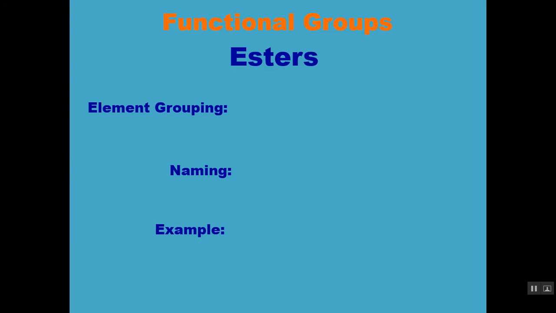Esters. Esters are another kind of functional group, and they'll look something like this. Now you notice that they kind of look similar to a carboxylic acid.